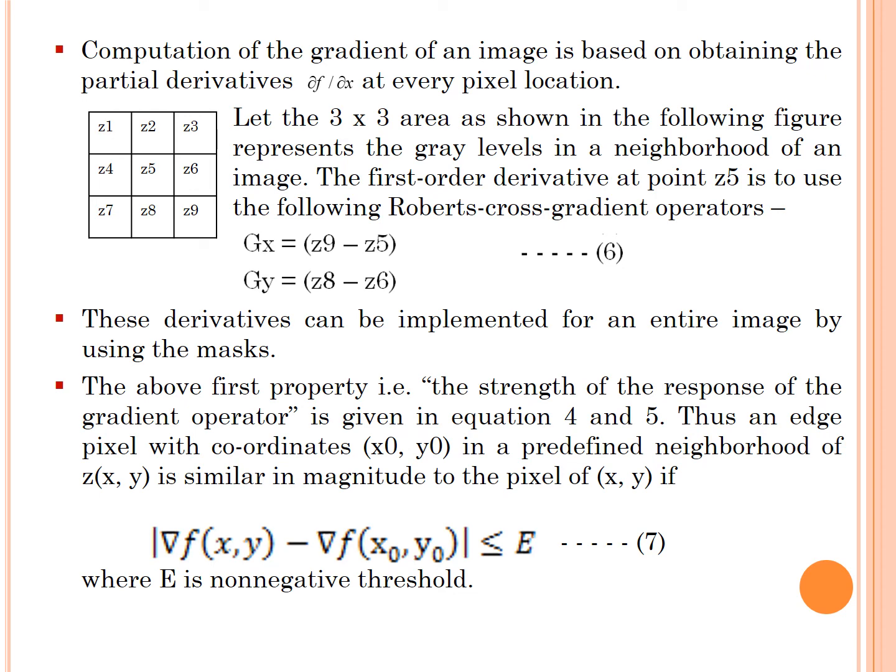The above property, that is the strength of the response of the gradient operator, is given in equations 4 and 5. Thus, an edge pixel with coordinates (x0,y0) in the predefined neighborhood of (x,y) is similar in magnitude to the pixel at (x,y) if |∇f(x,y) − ∇f(x0,y0)| is less than or equal to E, where E is a non-negative threshold.